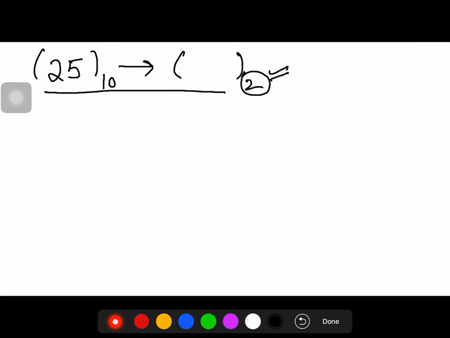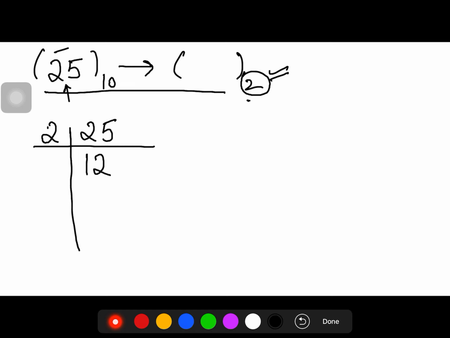We will take the base or radix of the number system to which we are going to convert our decimal number, and we will divide the number, which is 25 here, with this base, and we go on accumulating the remainders. Suppose on dividing 25 by 2 we get 1 as remainder.